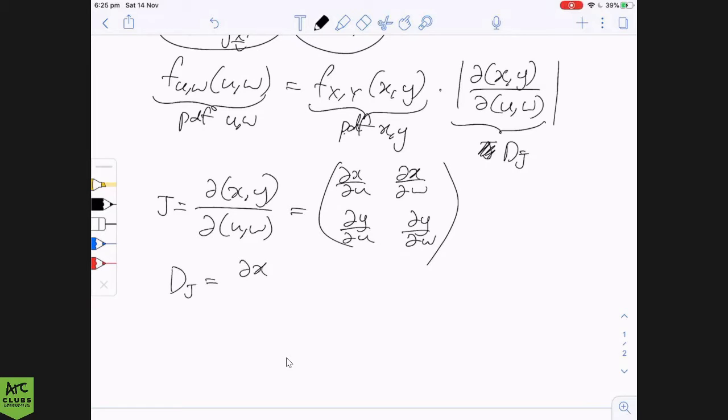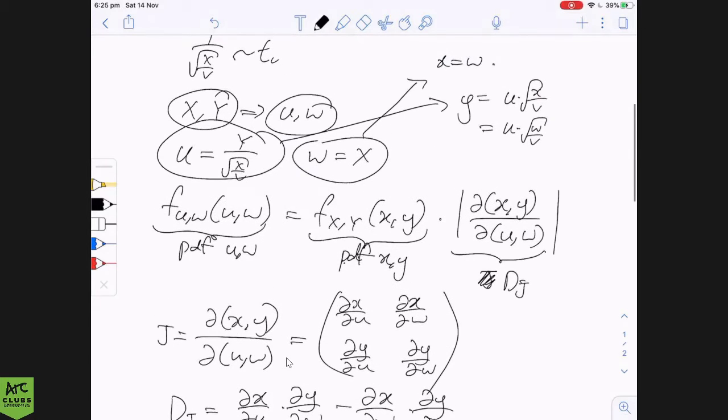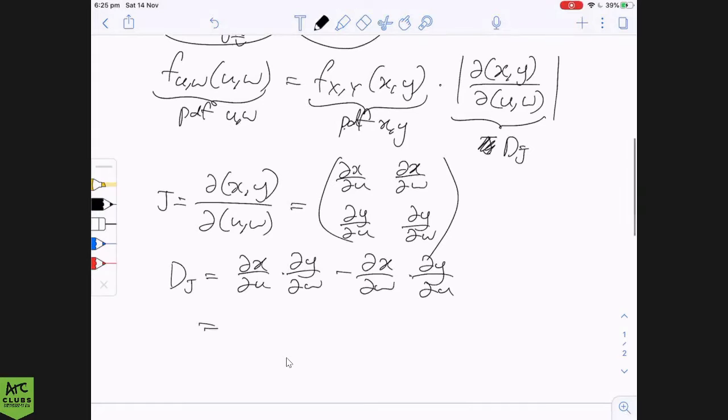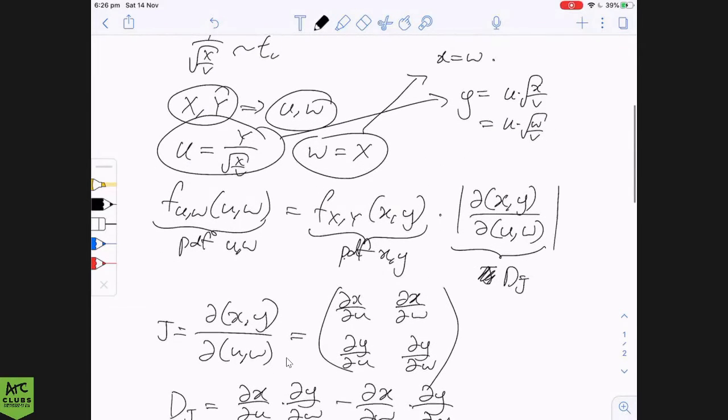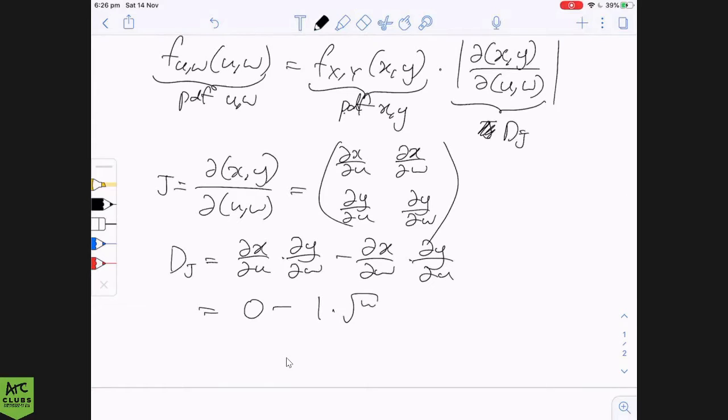It's dx/du times dy/dw minus dx/dw times dy/du. dx/du is 0, so we just straight up cross out everything on that term, minus dx/dw, which is 1, times dy/du, which is the square root of W over v. Taking the absolute value of that, we have our Jacobian.